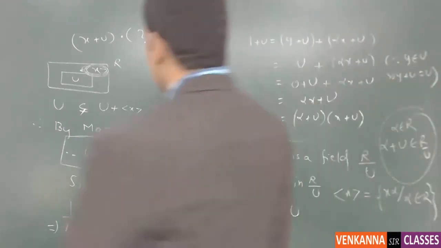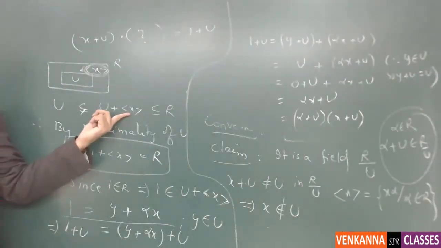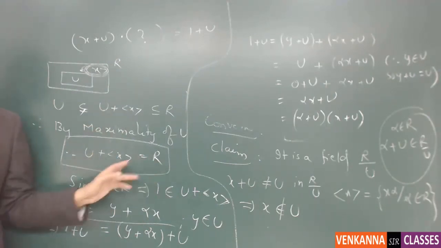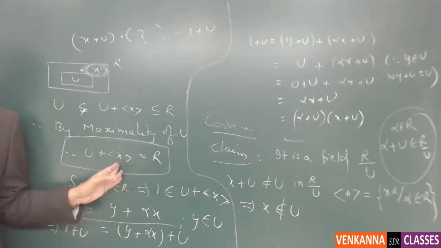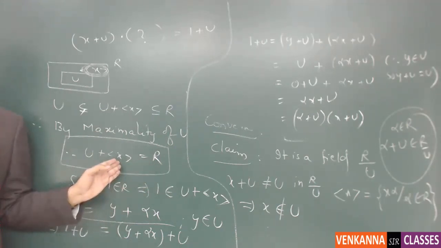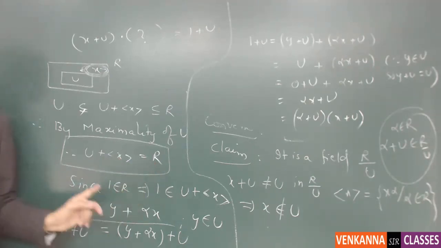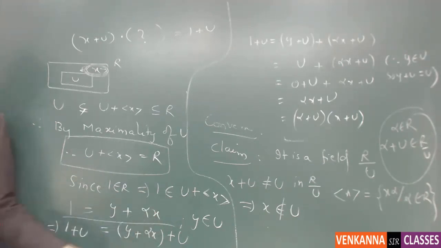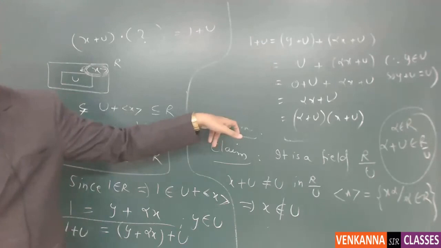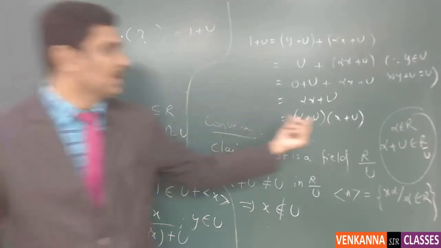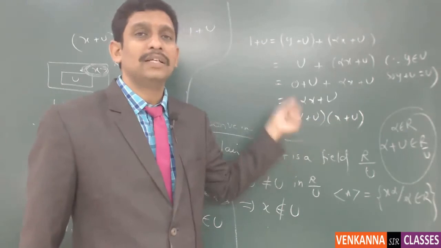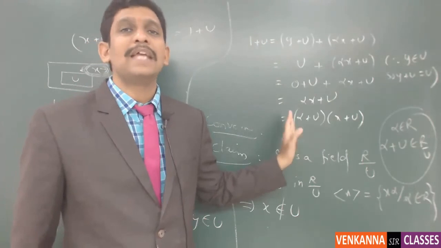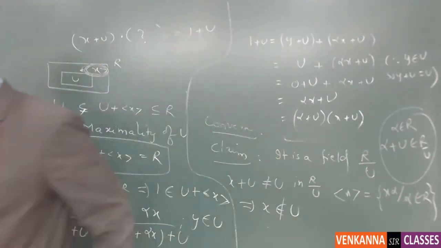So I framed the sum of ideals thing. By the maximality of U, these two must be equal. So equal means both sets are having the same elements. So one belongs to R, so that one should belong to the sum of ideals. So adding U on both sides and simplifying using coset properties, x plus u into something is giving 1 plus u for us. So you got the inverse in R by U, hence it is a field. That was the whole approach.